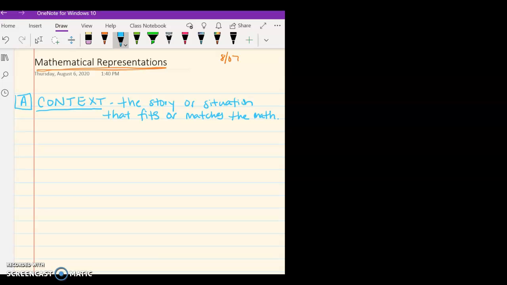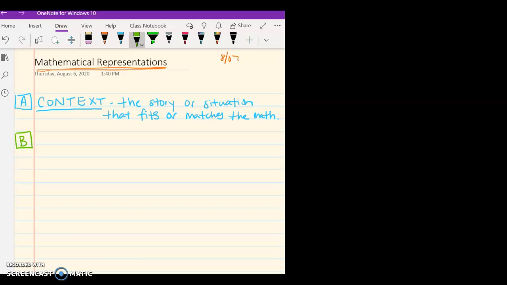So any type of word problem or anything like that, or just simple 1 or 2 sentences that matches what's going on with the problem. Context does not always have to be a question. It can just be a statement or a few words.